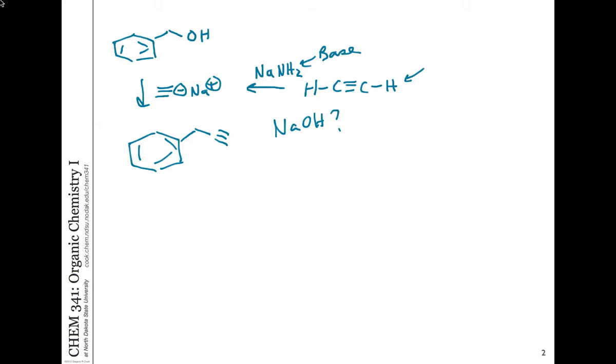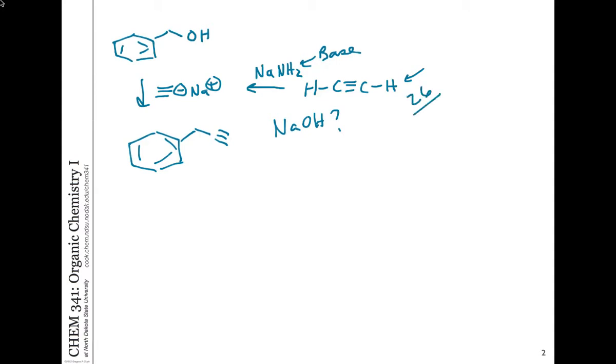You need a base strong enough to take off the proton, right? What's the pKa of acetylene? Roughly 26. That's much more than rough. That's spot on. 26. Okay.